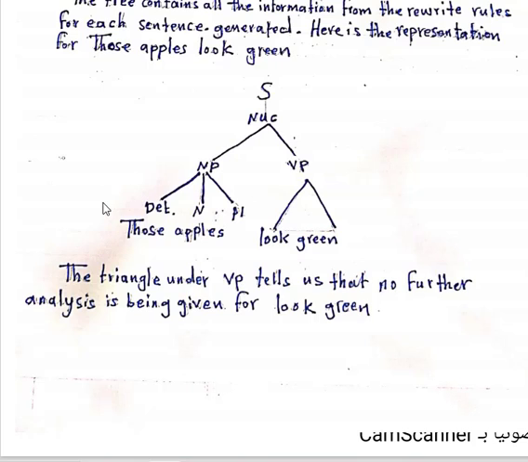Let us see where the determiner is in this sentence, where the noun is, where the plural is, and where the verb phrase is. The determiner: those. Noun phrase, as we said, determiner plus noun.